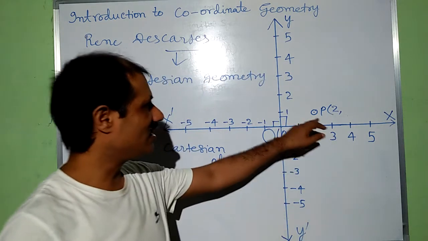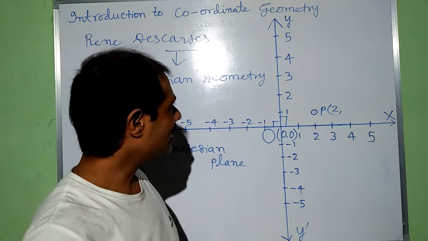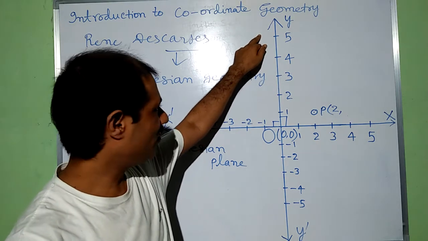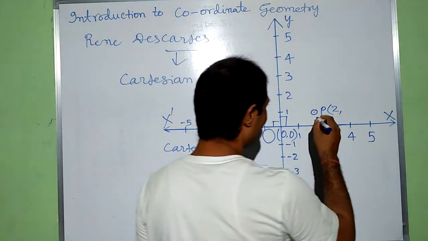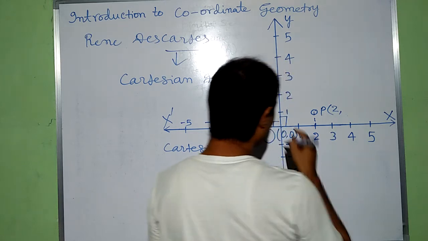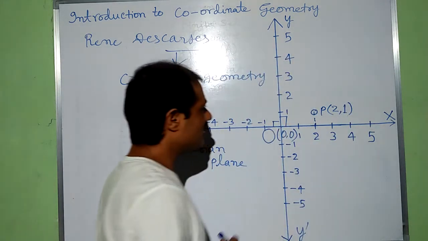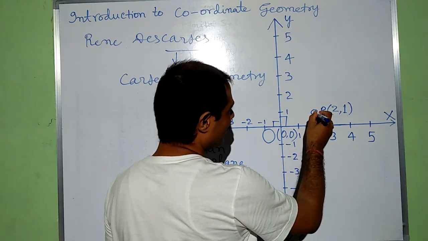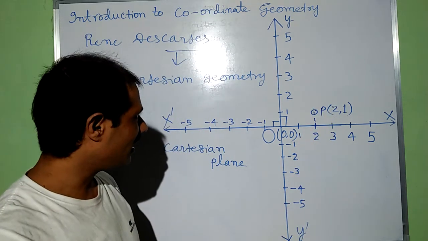The first element is its x-coordinate, and the second is the distance along the y-axis, or perpendicular distance from the x-axis. This is called the y-coordinate. This is 1. This is the position of point P in this Cartesian plane.